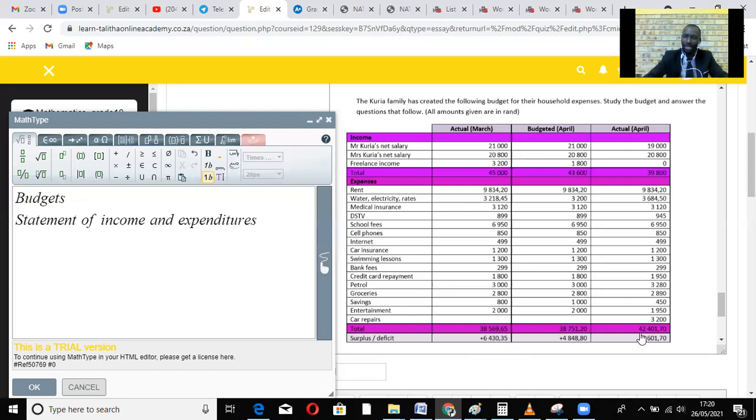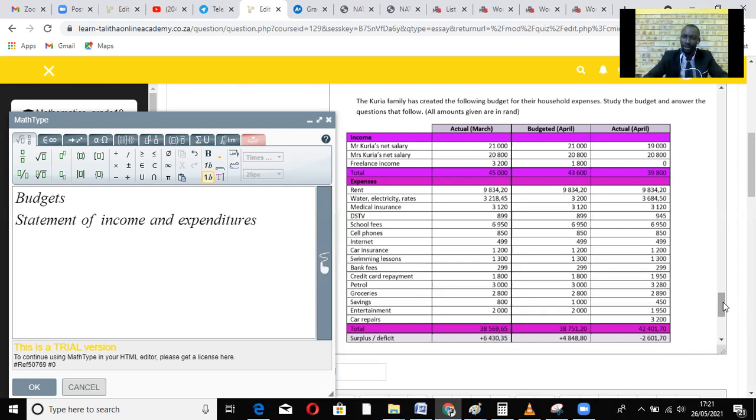The actual amount of money spent or as expenditure is 42,401.7. Okay, giving us a deficit of negative 2,601. Well, this is the information we have been given about the Korea family.